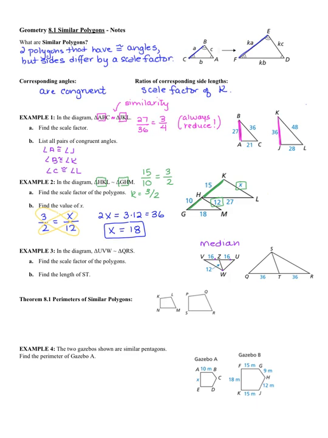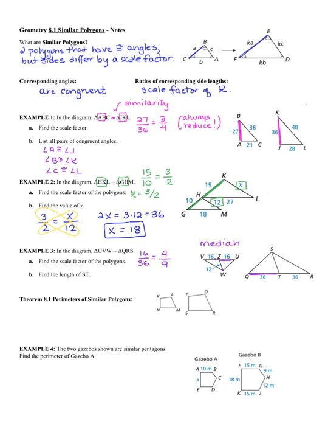So if we're going to do a scale factor, we're going to choose the fact that this 16 is going to be related to that 36. And so I'm going to just make a ratio here. So 16 is to 36, and then we want to reduce, so they both go by 4. So this will be 4/9 is my ratio, or my scale factor.